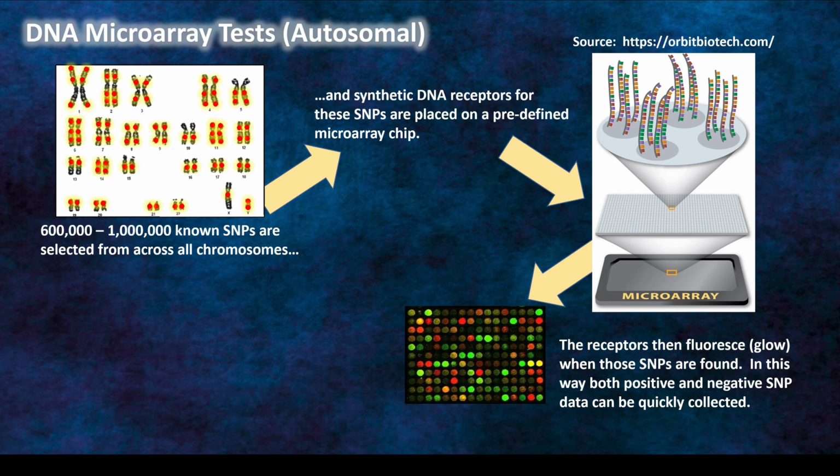That's why if you hear people say, well, genetic testing only measures a small amount of our DNA, that's where that comes from, because chip testing is really only pulling up to maybe a million. Most chips have anywhere from 600,000 to a million SNPs out of our DNA. It's also the basis for ethnicity projections, where they look for certain SNPs that are present in some ethnicities more than others.